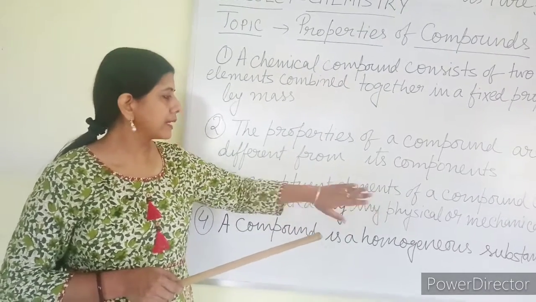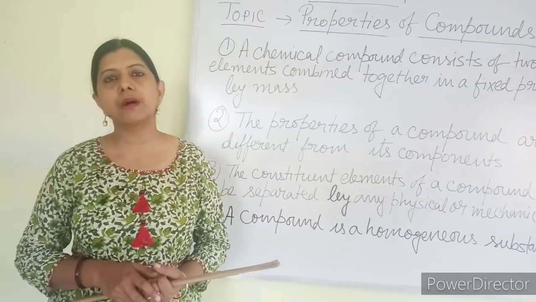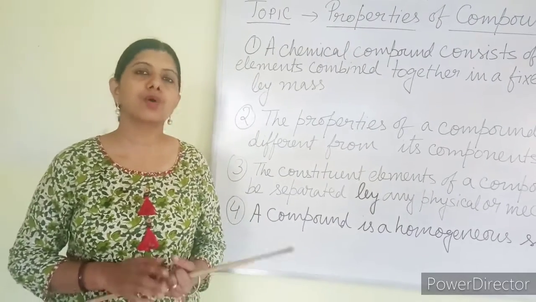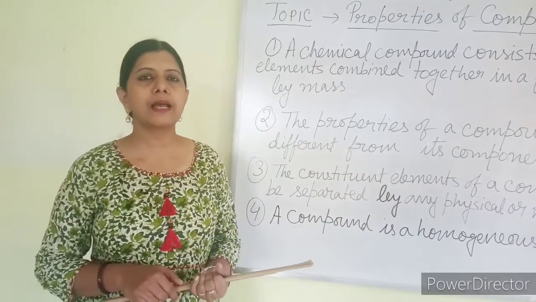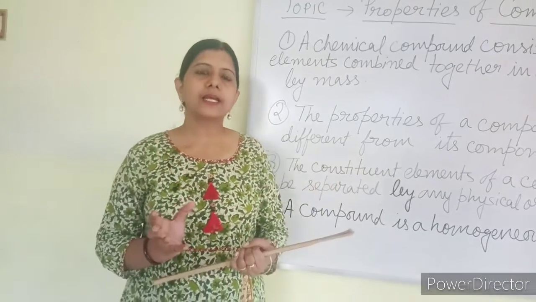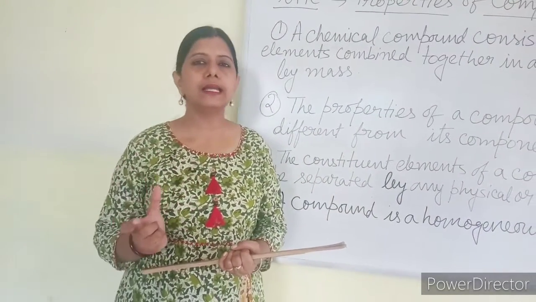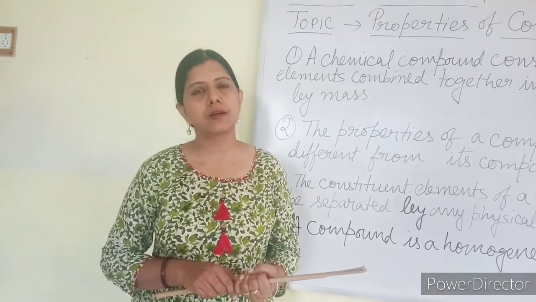A chemical compound cannot be separated into its constituent elements by any physical process or by any mechanical process. You have to apply only chemical methods, that is, either by chemical reaction or by any other chemical method you can only separate the constituents of a compound.